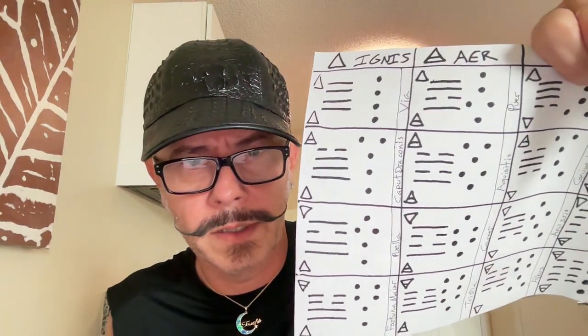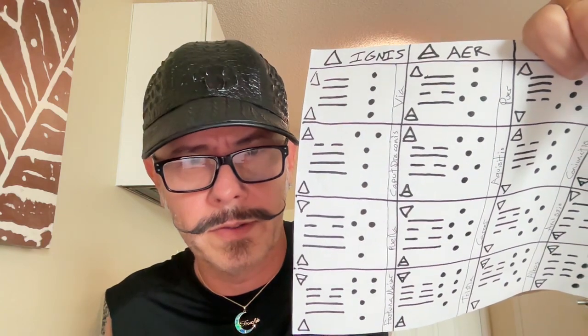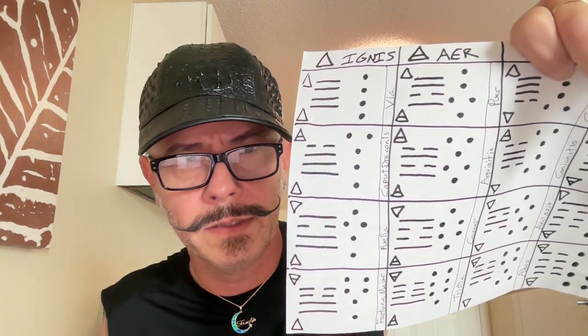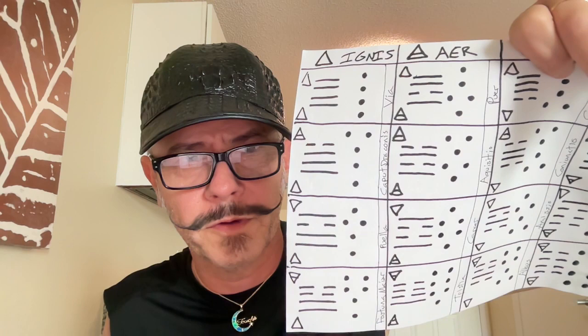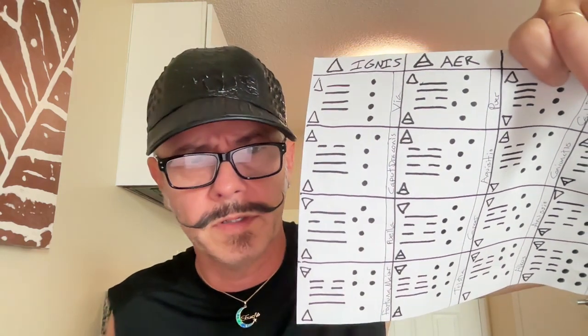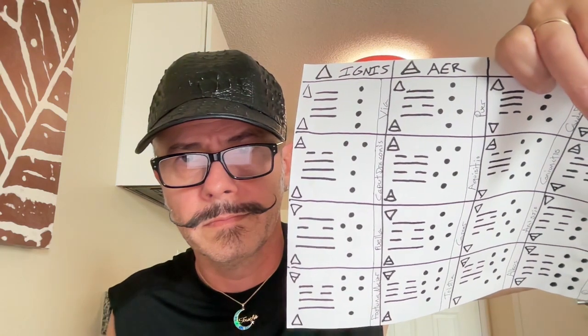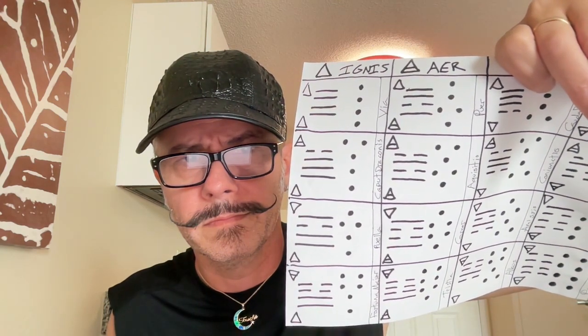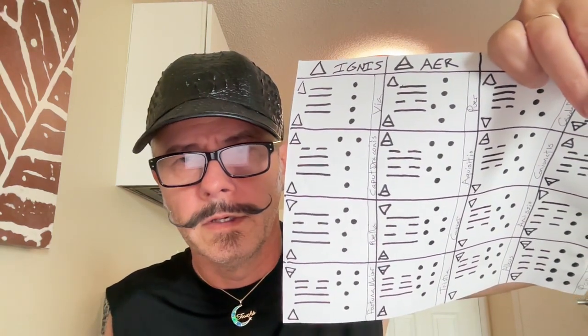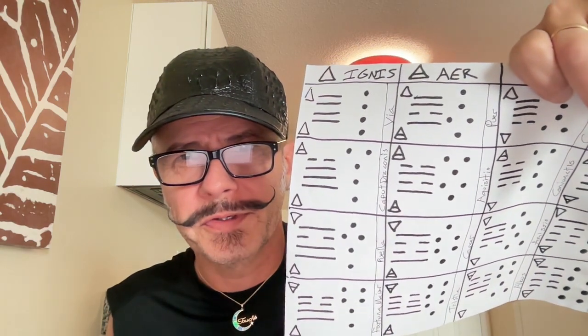So now we're going, actually, Cauda Draconis, they actually have the first split. Well, I'm not even sure this is the actual first order of the geometric figures.